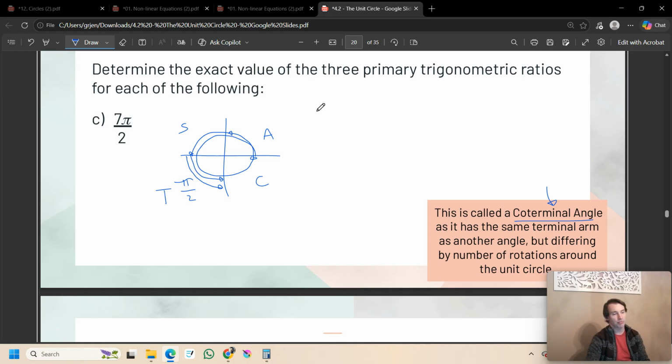So we are going to say sine of 7 pi on 2 is equal to, well, negative sine, because the y's are negative, of pi on 2, which is equal to -1. Sine of pi on 2 is 1. Sine 90, 1. It's 1.